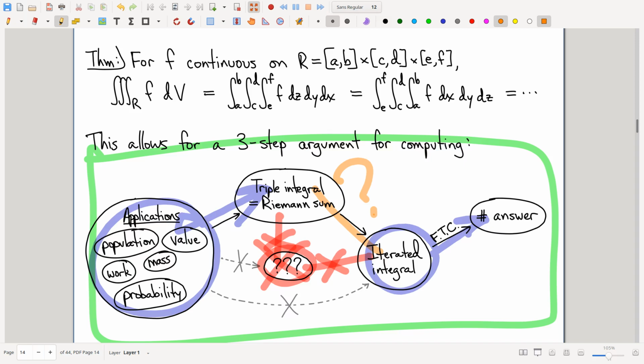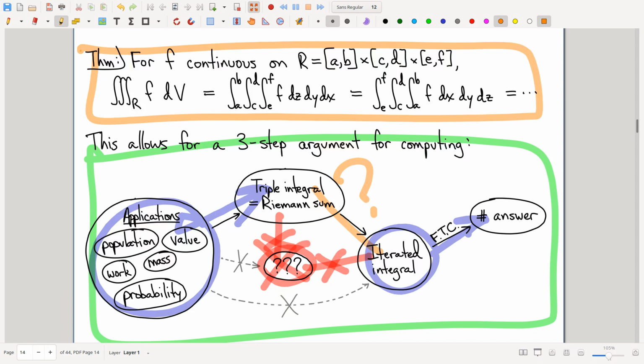But anyway, I'm just going to assert that as we would expect from the pattern, in fact, yes, it's perfectly reasonable to write a triple integral as a triple iterated integral. And that's what this theorem says right here, that you can always rewrite a triple integral as any of several different options of iterated integrals. Y'all will buy that? All right.